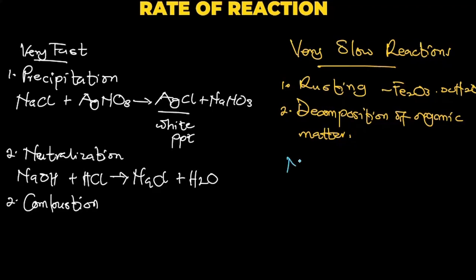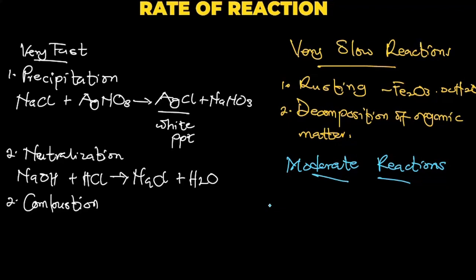So let's say we have moderate reactions. Let's look at some of those reactions that are moderate. One of them is the reaction of magnesium with dilute hydrochloric acid. You know what the product is going to be.